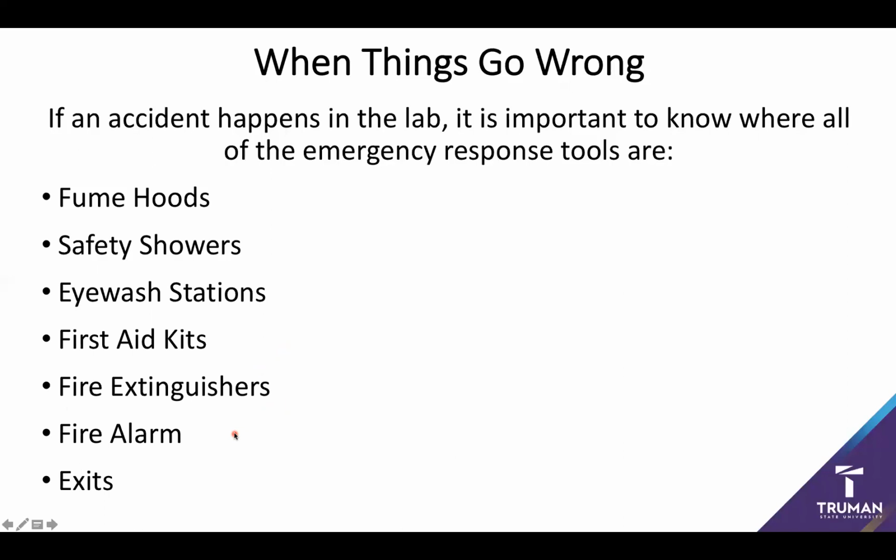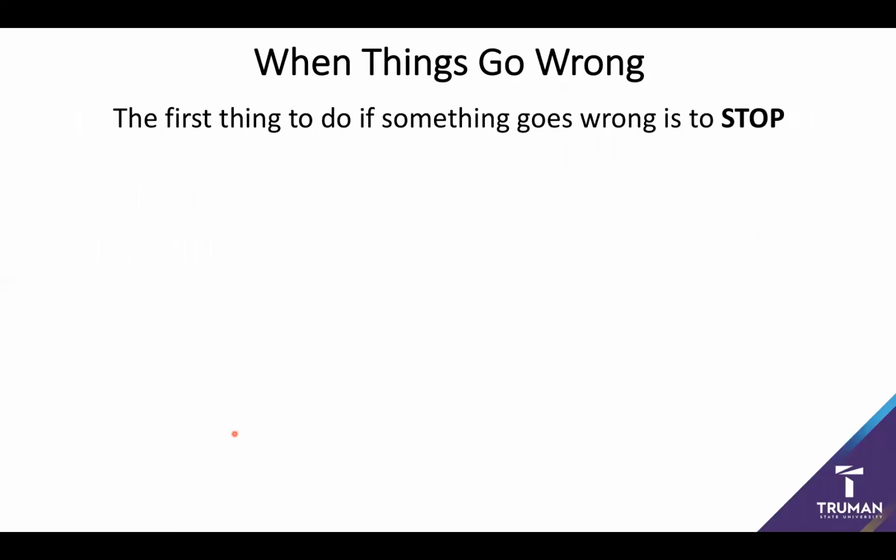so you can exit as quickly as possible if something goes wrong. Now, one of the last notes I'm going to leave you on is that the first important thing to do if something goes wrong in the lab is actually to stop and think. This goes against a lot of our natural instincts, which are to quickly confront or flee, the classic fight or flight responses.